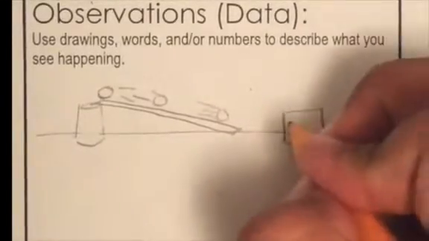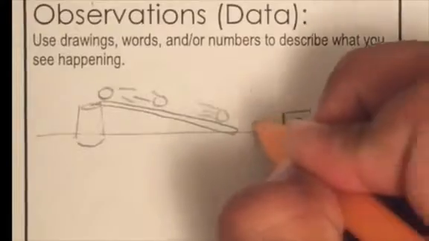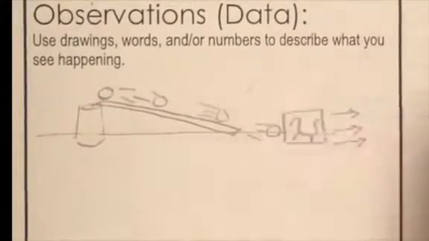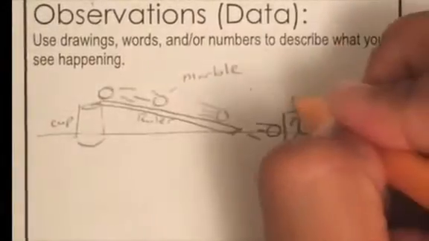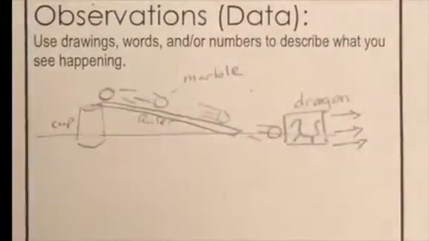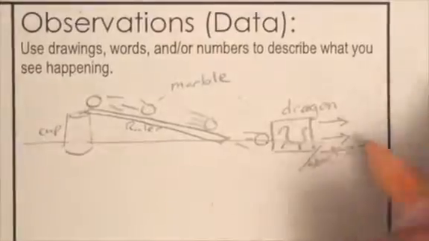Ensure that there are labels in your diagram. Additionally, you want to include any form of data sets. This could include the data chart, as well as the data graph that's provided in the student resources.